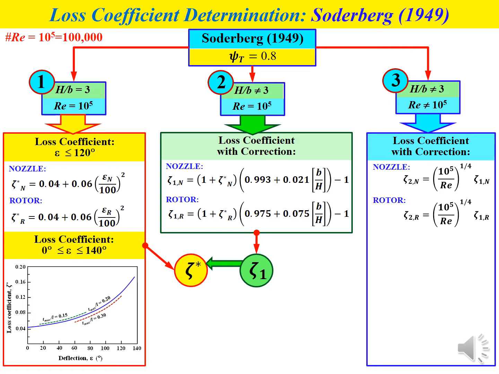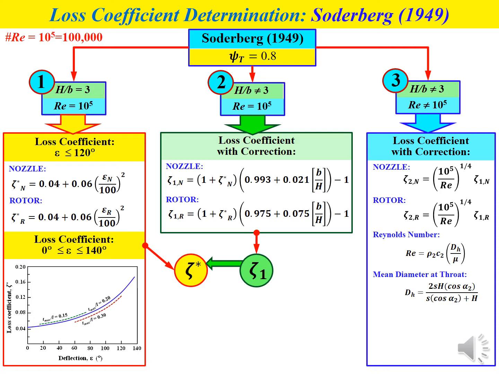For the third correlation, we need to determine the Reynolds number, because the equation involves Reynolds number, where Reynolds number equals rho, the density of the fluid, times C2, the absolute velocity, times dH, the mean diameter at the throat, divided by mu, the kinematic viscosity of the fluid.